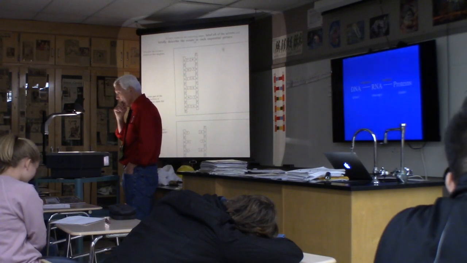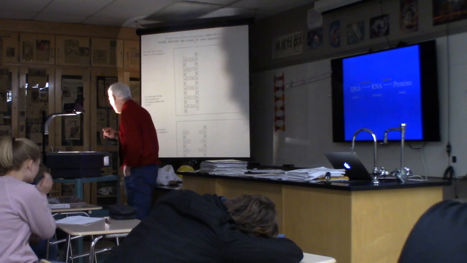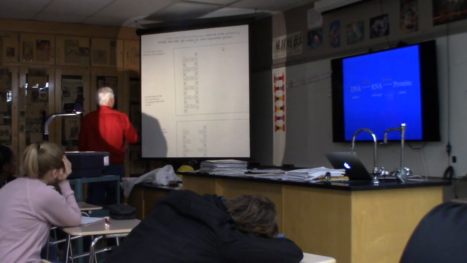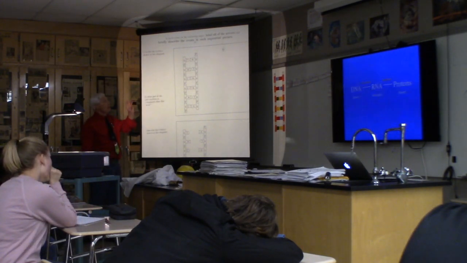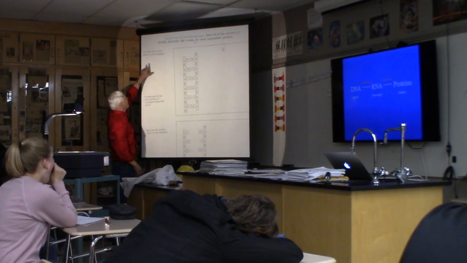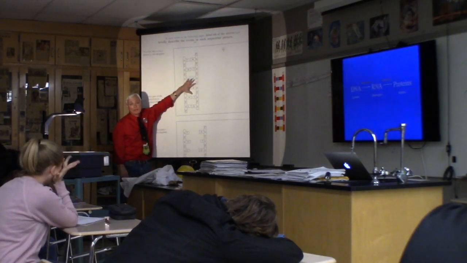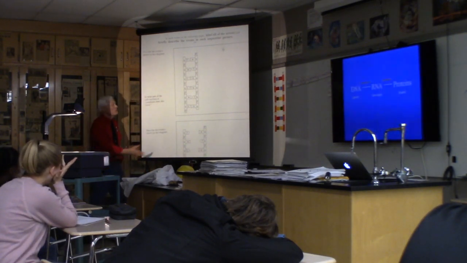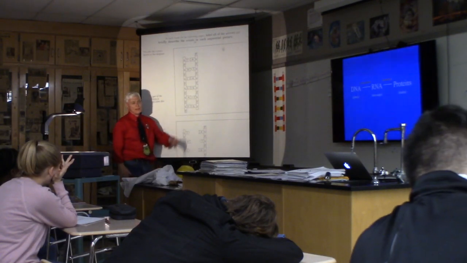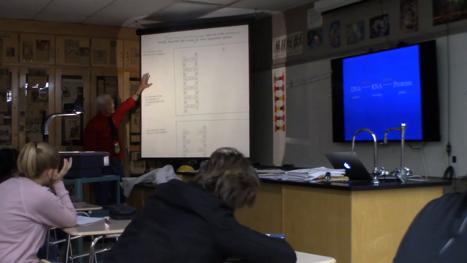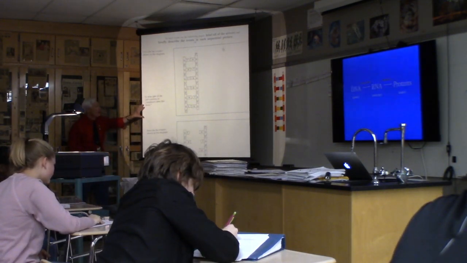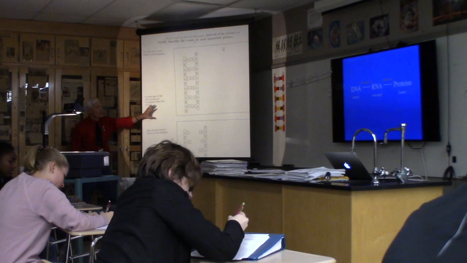Okay? So let me show you how you're going to get the ball rolling here. You'll see an image that looks kind of like that, and it says, describe the events shown in this diagram. So just to get the ball rolling, for this one I might just write something like, here's DNA in the nucleus. And then the second part says, in what part of the cell does this occur?